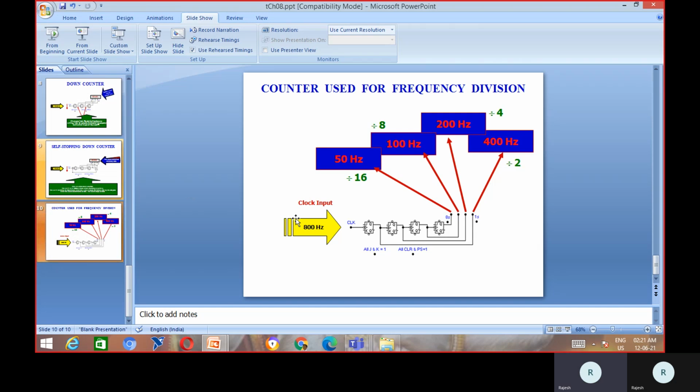So here the counter is used for frequency division. In each state, this ripple counter was designed with 4-bit flip-flops, where, if you see in this diagram, it is an up counter.